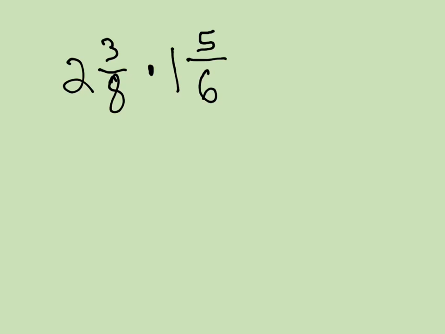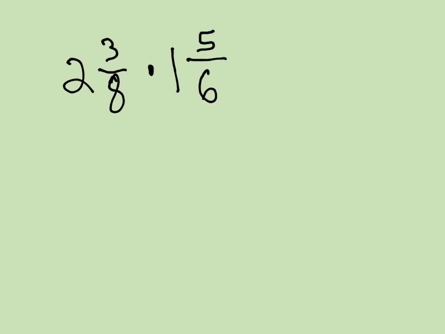And so how about 2 3/8 times 1 and 5/6. We'll look at that. And sometimes it doesn't simplify, sometimes it does. I just made this problem up, so I don't have a clue what's going to happen.